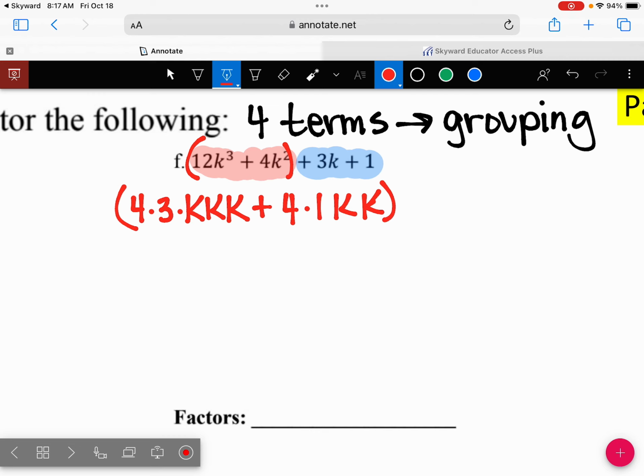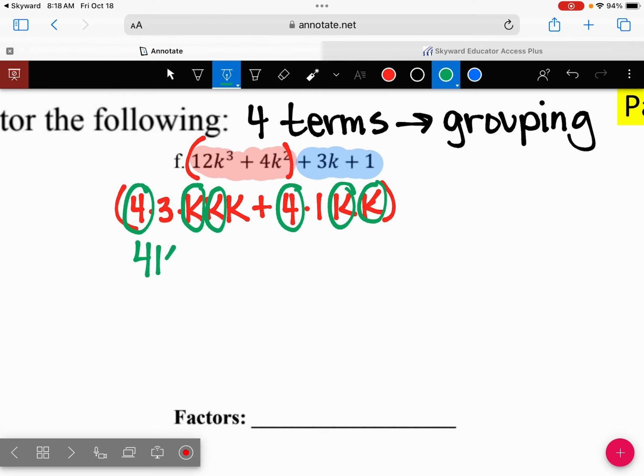So looking at that first group, I just broke it down to prime, to all of the factors. What would be the GCF that both terms have, Isaiah? 4k squared. That's our GCF.